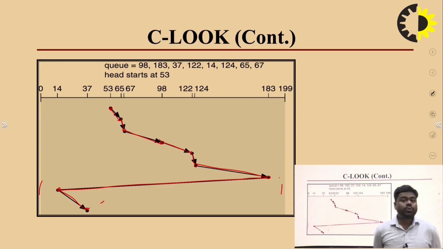So these two are the nearest to the ending parts. We are going from one end to the other end, and we are not supposed to cross in between them, because most of the students make the mistake of going 183 to 37 and then 14. It is the wrong way to calculate the seek time for C-LOOK.